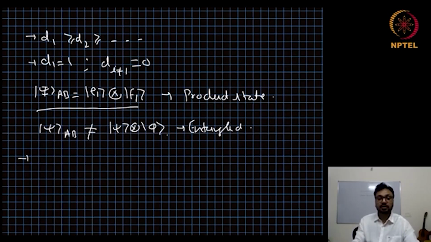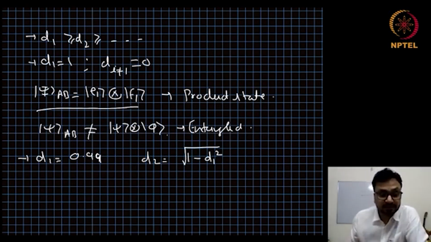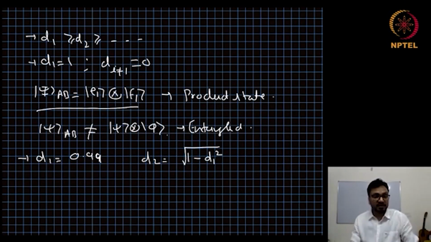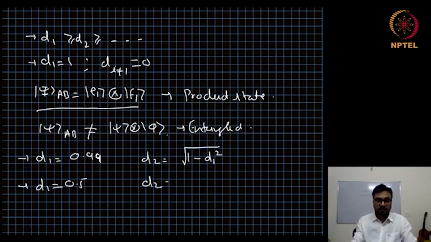Now let us take a scenario where d1 is 0.99 and d2 is close to 0.01, but it will be the square root of 1 minus d1 squared, because d1 squared plus d2 squared equals 1. That is one case. The other case is where d1 is 1 over root 2 and d2 is also 1 over root 2.